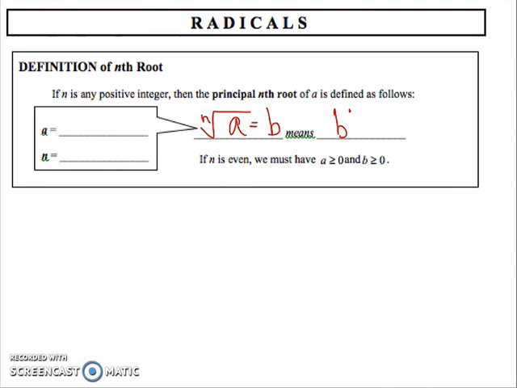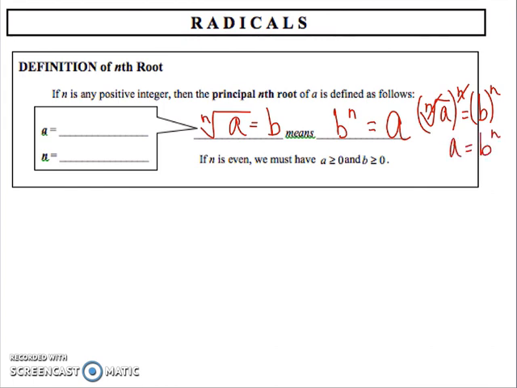Now, if you think about this, what happens here is if we have the nth root of a, and that's equal to b, if we raise both sides of this equation to the nth power, the nth power and the nth root cancel, and that's why a is equal to b to the nth power, okay?